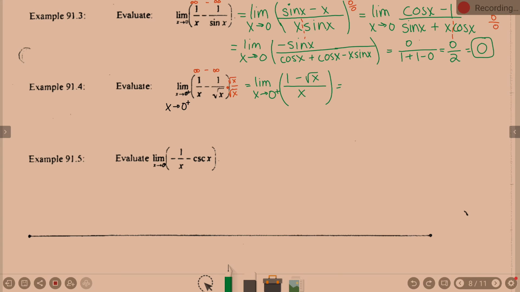So it'd be 1 minus the square root of 0. I assume it's 0. Yes. So 1 minus 0, which is 1 over 0.